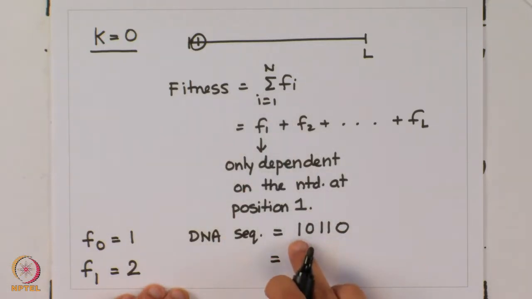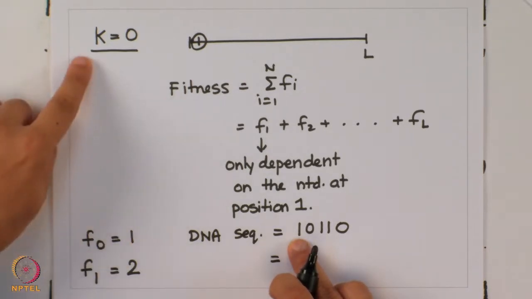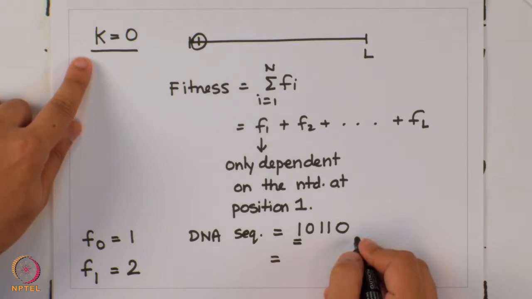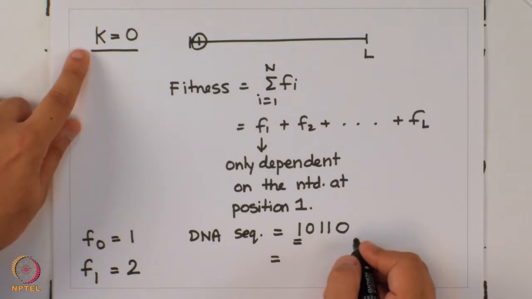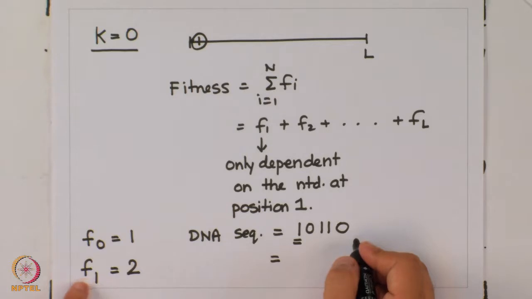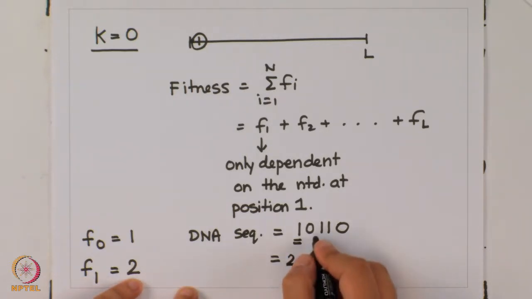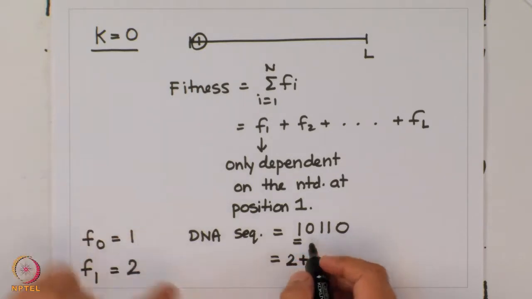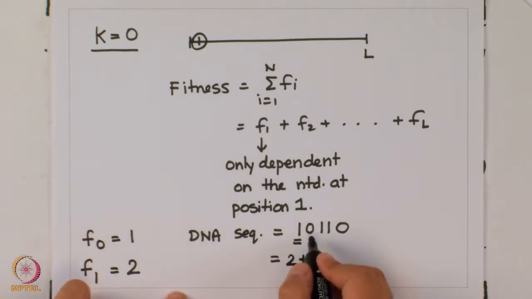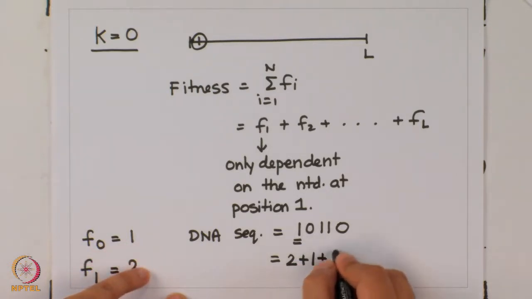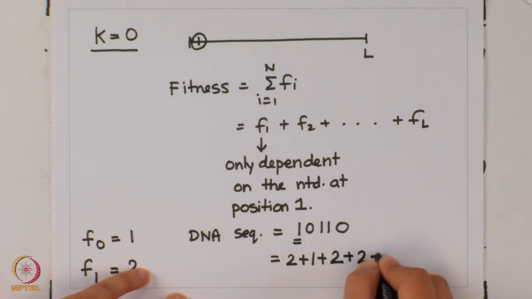Since k is equal to 0, the fitness of this 1 in the DNA sequence is only dependent on its own nucleotide and on none of the other nucleotides, so the fitness contribution of a 1 is 2, then I have a 0, whose contribution depends only on itself and is defined to be 1, and then another 2 and another 2 and another 1.